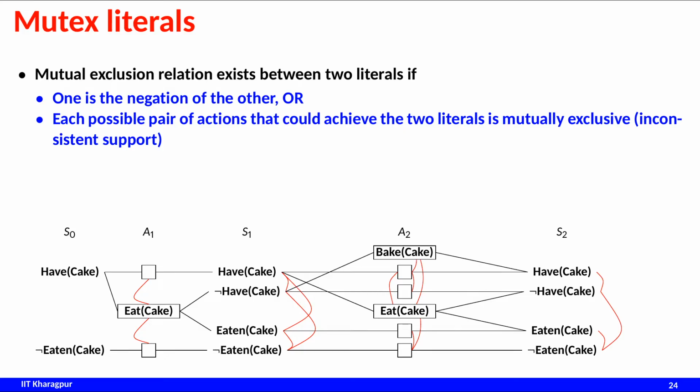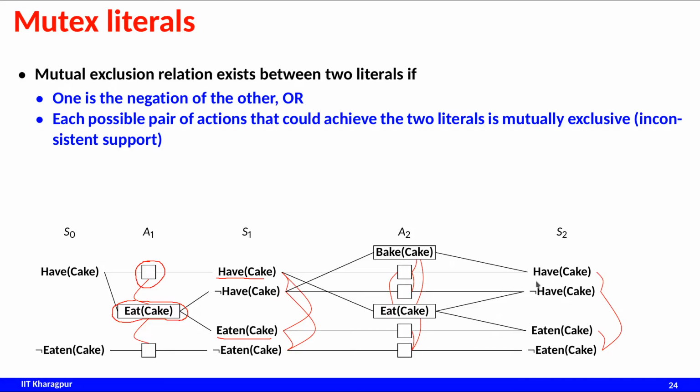Similarly, for mutex literals, this relation exists between two literals if one is the negation of the other, which we have already talked about, and each possible pair of actions that could achieve the two literals is mutually exclusive. Here we said that have cake and eaten cake are mutually exclusive because they are generated through these persistent actions, and these actions are mutually exclusive.